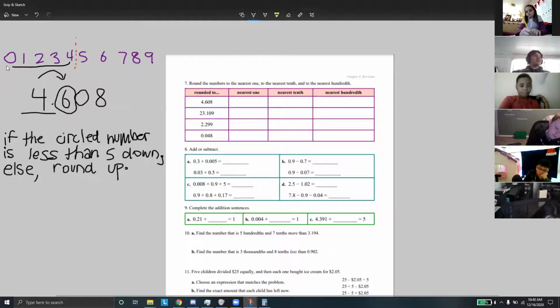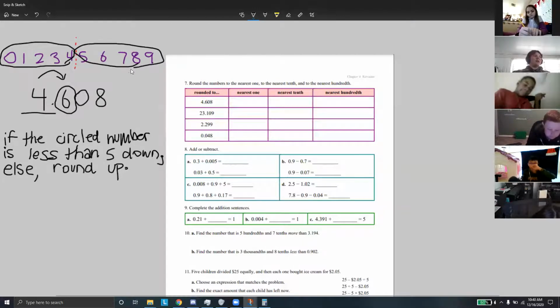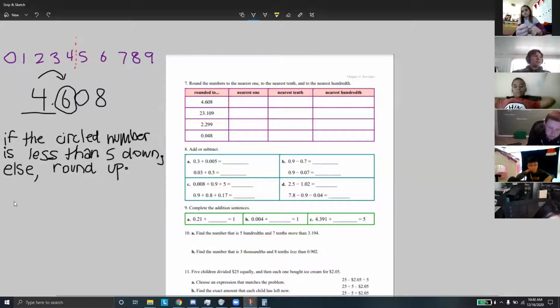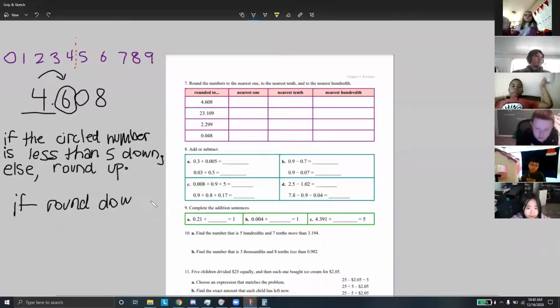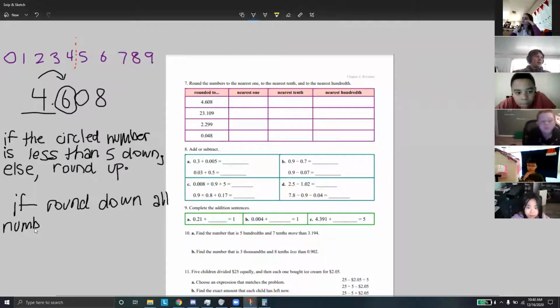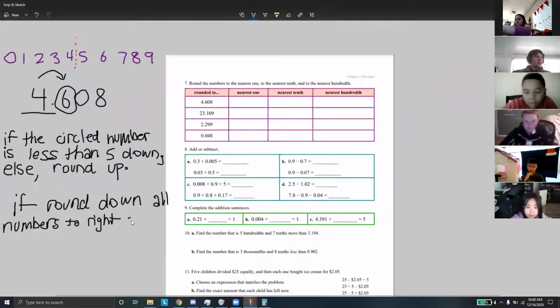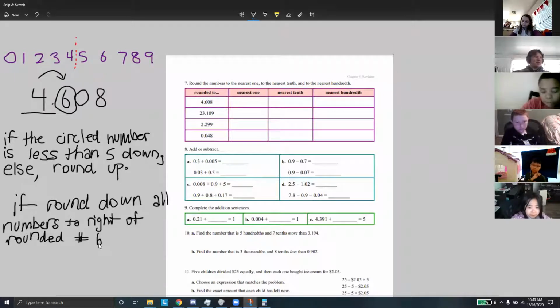Okay, so if it's one of these numbers, we'll round down. If it's one of these numbers, we'll round up. And actually, if you guys remember, if we round down, you know what we do? The number stays the same and all the numbers to the right become 0. Yep, all numbers to the right of the rounded number become 0.